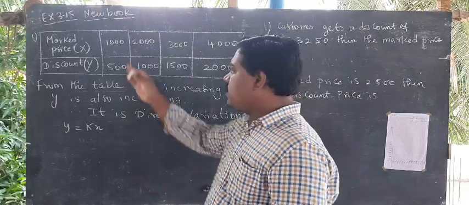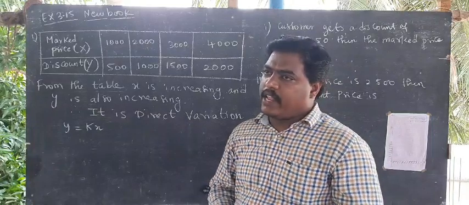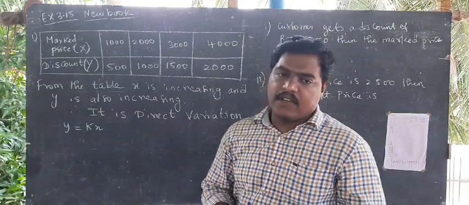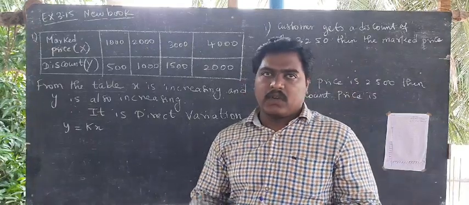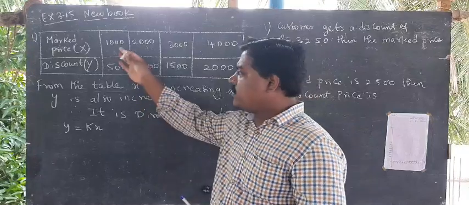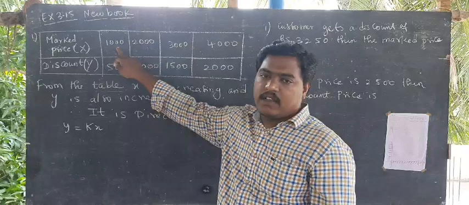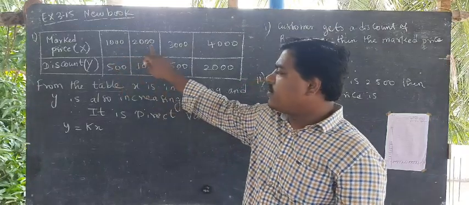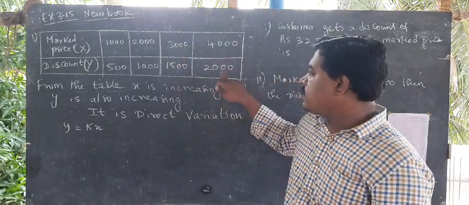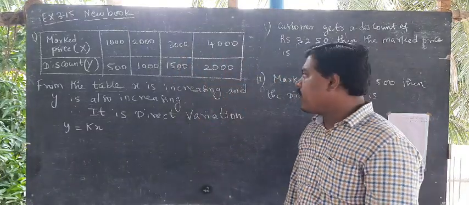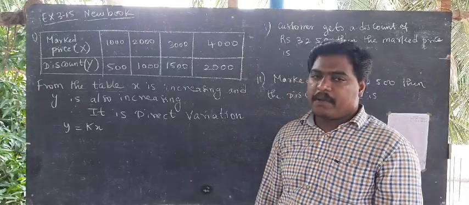I take 1000, because they are asking 3250 and giving above 3000. So 1000 means we are getting 50% discount, 500. 2000 means 1000, 3000 means 1500, 4000 means 2000. Like this we are getting the 50% discount on the market price.